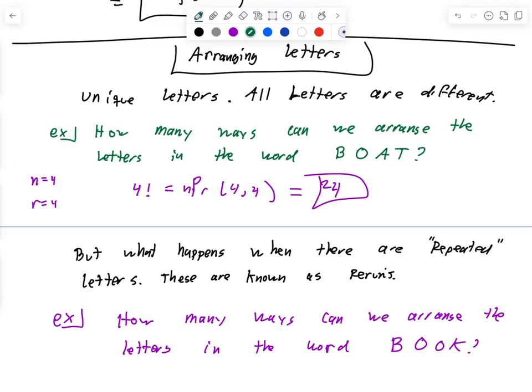Book. We did boat before, now we're doing book. Feels very similar, but what's the problem?